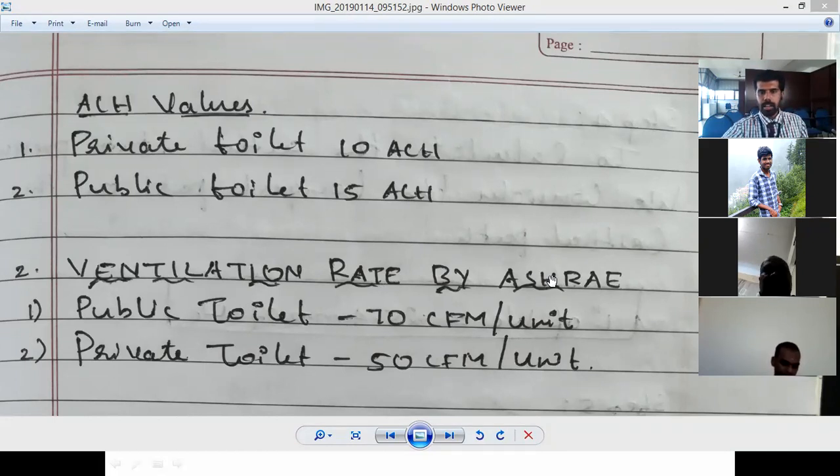This is the recommended value by ASHRAE. If the toilet comes under 2 into 3 meter, okay. Sometimes the toilet can be very big, so you don't just give 70 CFM for that toilet. That will be wrong. In that case, you find it from the formula. If it is a standard toilet, you give 70 CFM per unit, and for a private toilet, 50 CFM per unit.